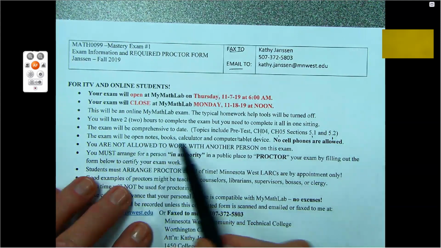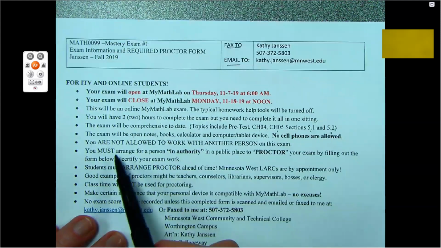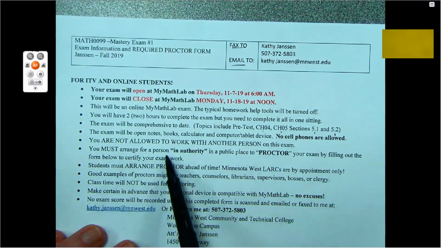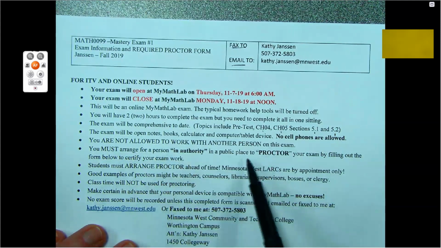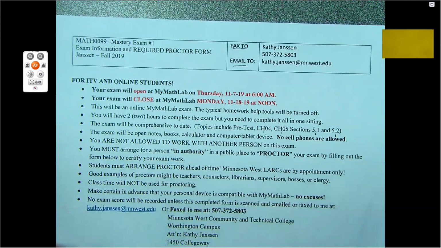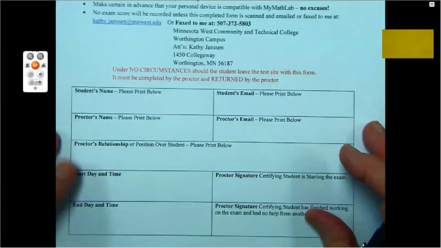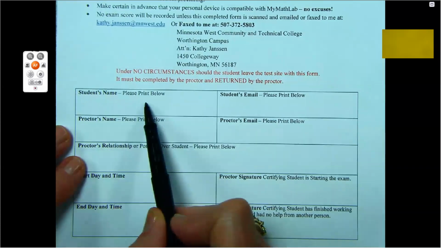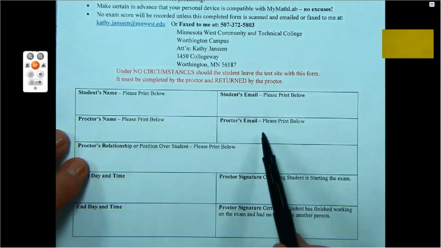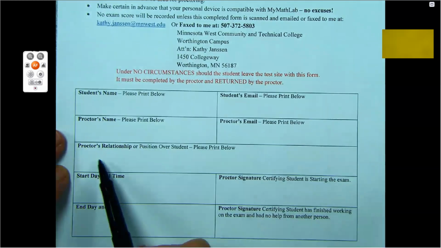The exam is open books, open computers. You are not allowed to work with anyone else on the exam. You must arrange for a person in authority or a public place to proctor your exam by filling out the form below. You fill in your name, your email address, your proctor's name, your proctor's email address, your proctor's relationship.